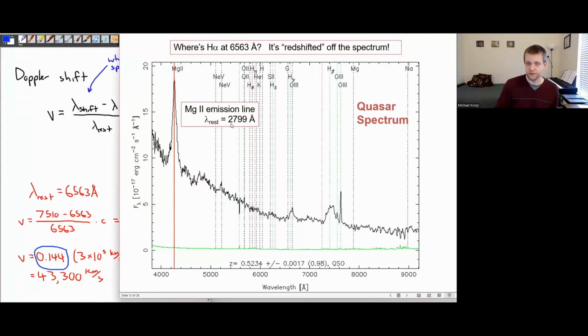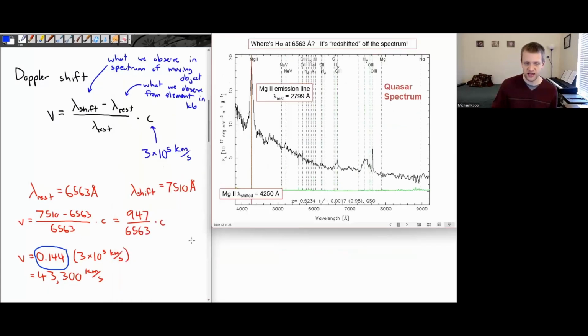It ordinarily shows up at 2,799 angstroms. In this shifted spectrum, it's around 4,250 angstroms. So try to do this same redshift calculation for this example. Again, pause the video, give yourself a minute to try this calculation and see how fast this galaxy is moving.